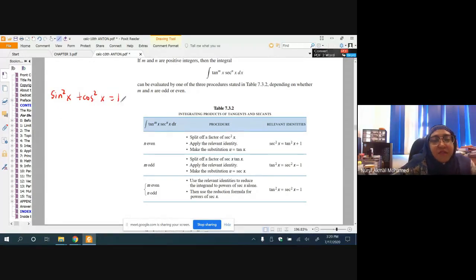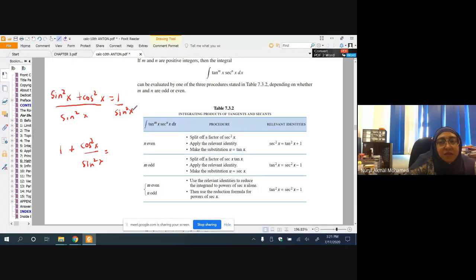If you divide the whole thing on the left-hand side by sine squared x, then you will get 1 plus cos squared x divided by sine squared x equal to 1 over sine squared x, which is cosecant squared x. 1 over sine is cosecant, 1 over cos is secant.